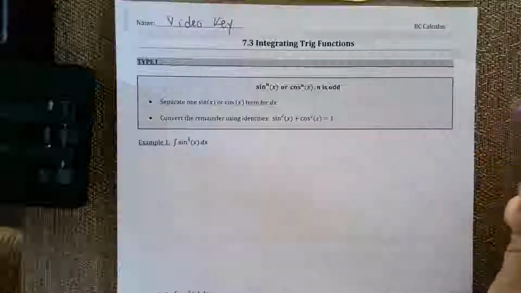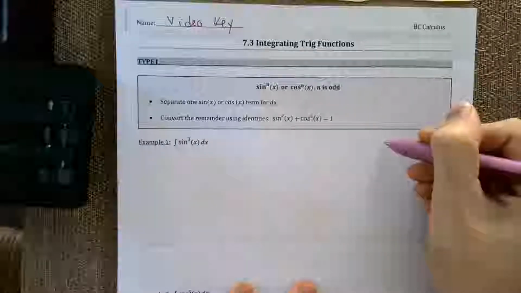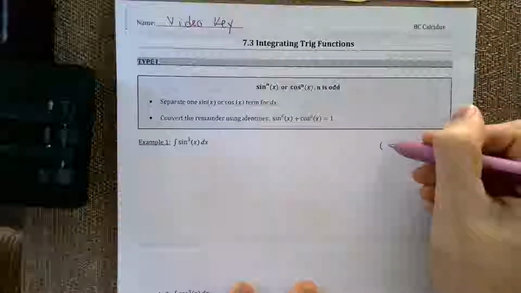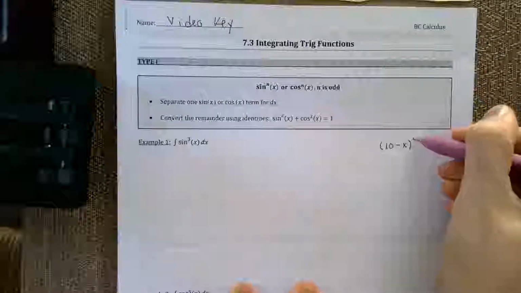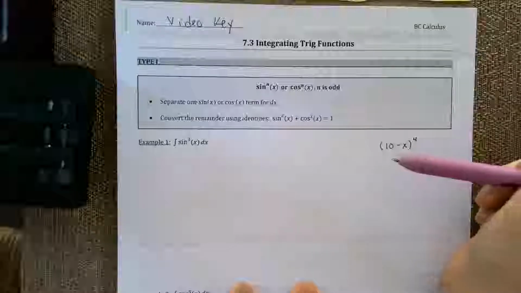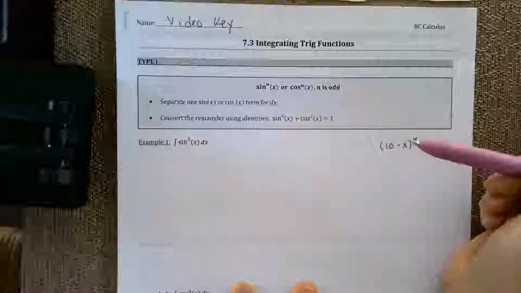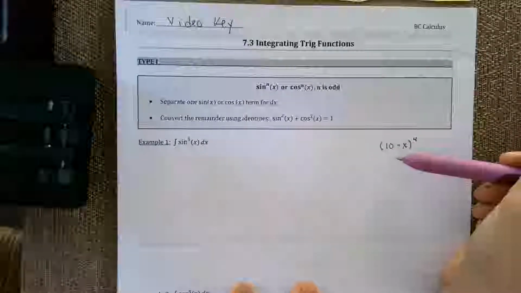For example, and I'll just put it on the side over here, in our last assessment we had something that looked like 10 minus x to the 4th power. And a lot of you actually multiplied that out, either by straight up multiplying it out or by using Pascal's triangle, when instead this would have been really easy to do a U sub with.